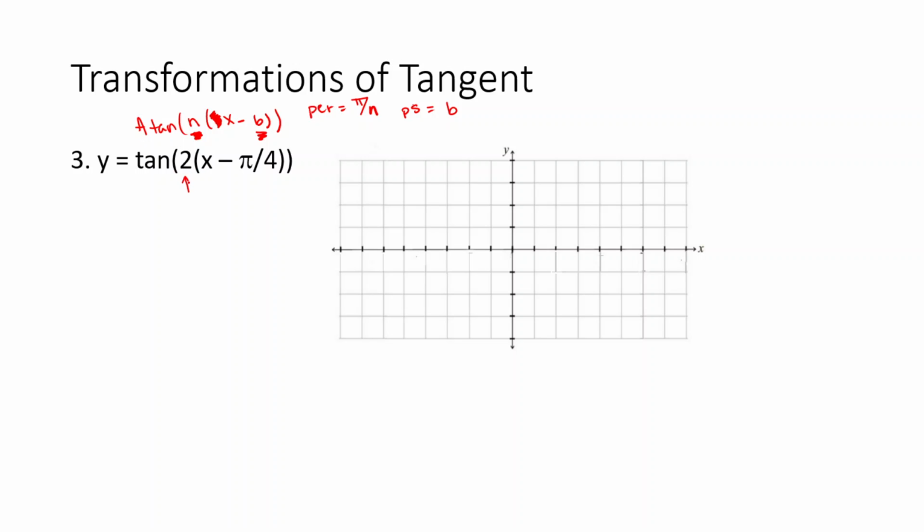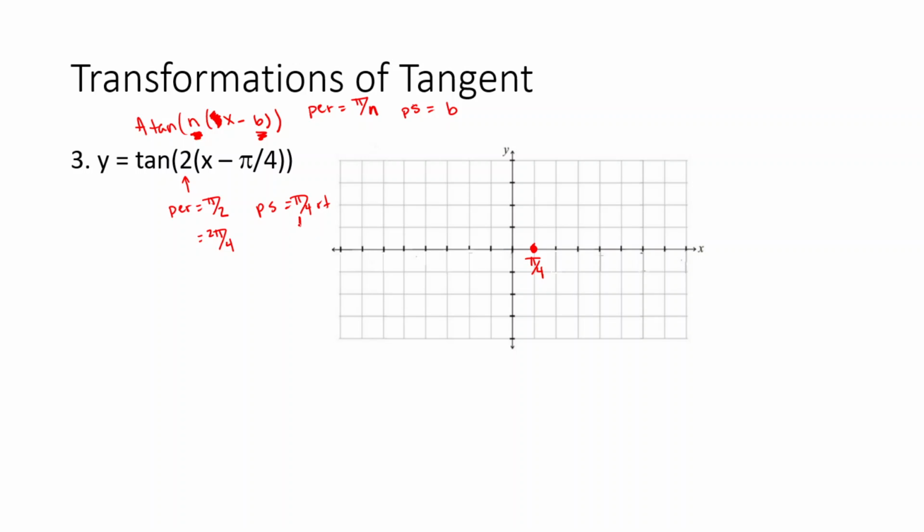So in this function, my period is pi divided by 2, and my phase shift is pi/4 to the right. Now I need a common denominator in order to count all my tick marks. So I'm going to make that pi/2, 2 pi/4. My phase shift tells me where to start, so I'll mark pi/4 at a 0.